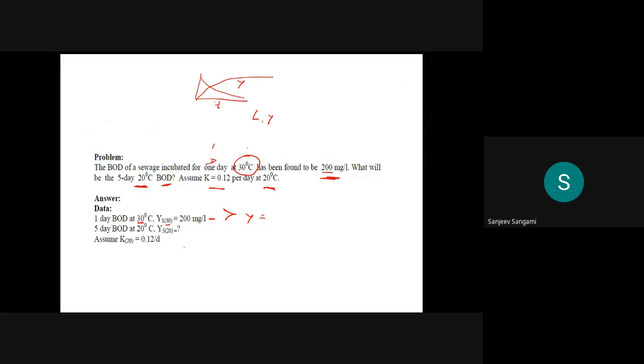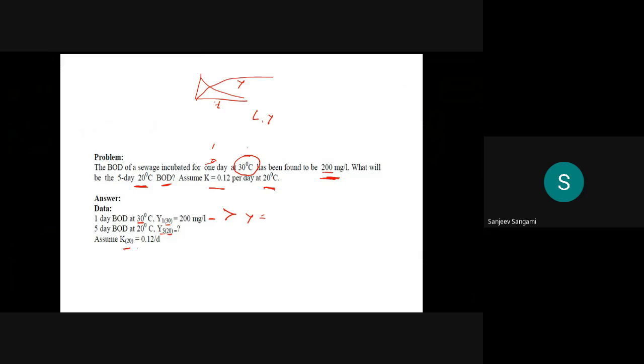So for the first day at 30 degrees centigrade, Y is equal to 200 milligram per liter. Then they are asking for the 5 day BOD at 20 degrees centigrade, not at 30 degrees centigrade. So if they reduce the BOD incubator temperature to 20 degrees centigrade, then what might be the 5 day BOD, that they are asking.